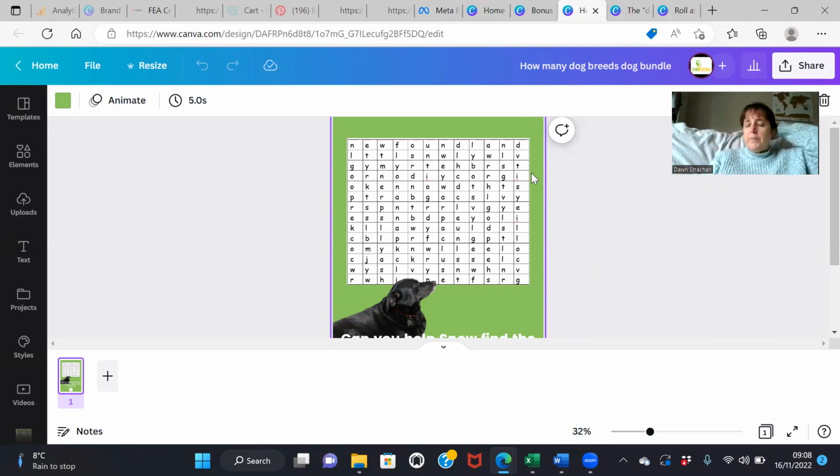Something else that I often do when I'm working in lessons is we have a blank word search grid. It's literally just a square that's probably 10 by 10 with individual squares inside, and then a list of words either on a separate piece of paper or pre-printed onto the sheet with the grid.